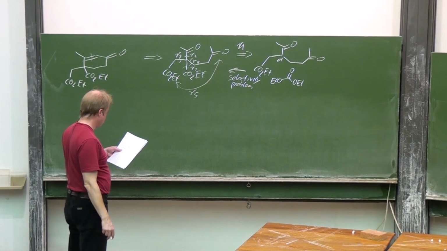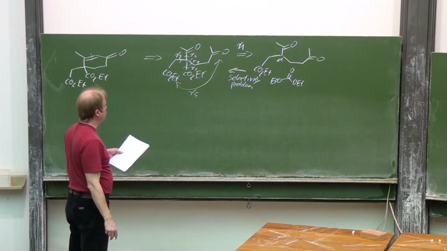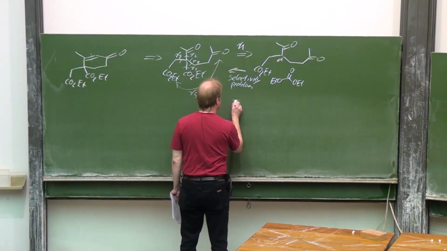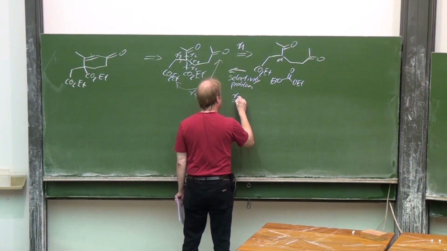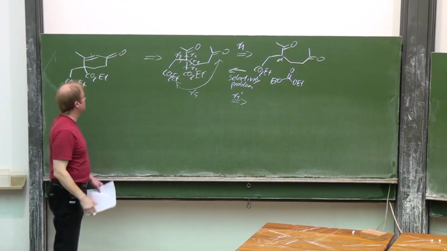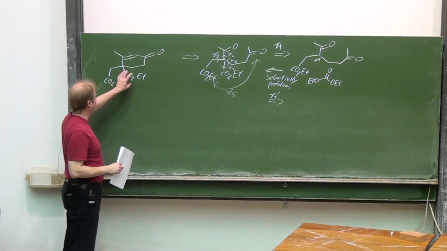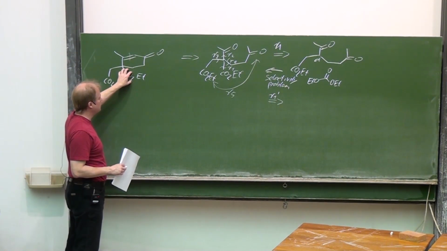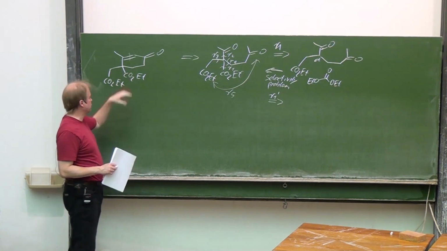Therefore, we should think about an alternative. Let's say we call that R1 prime, where we have the introduction of the same functional group in mind, but we turn the sequence around.